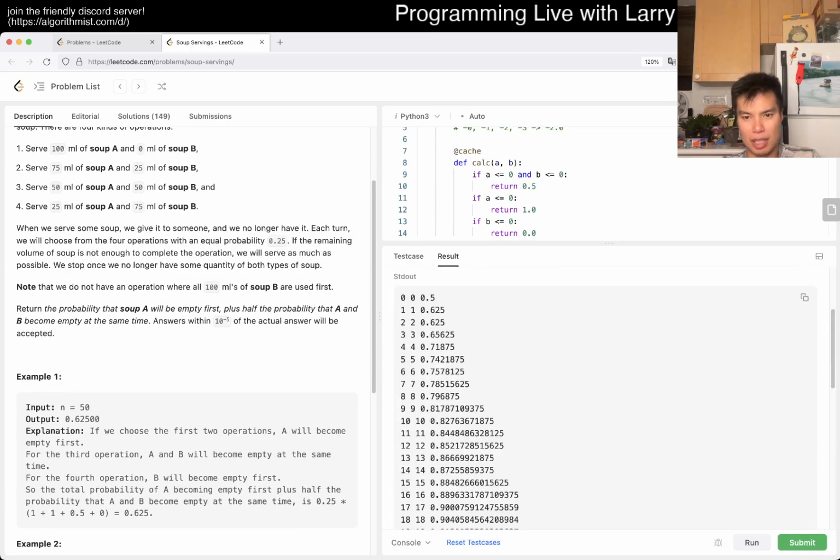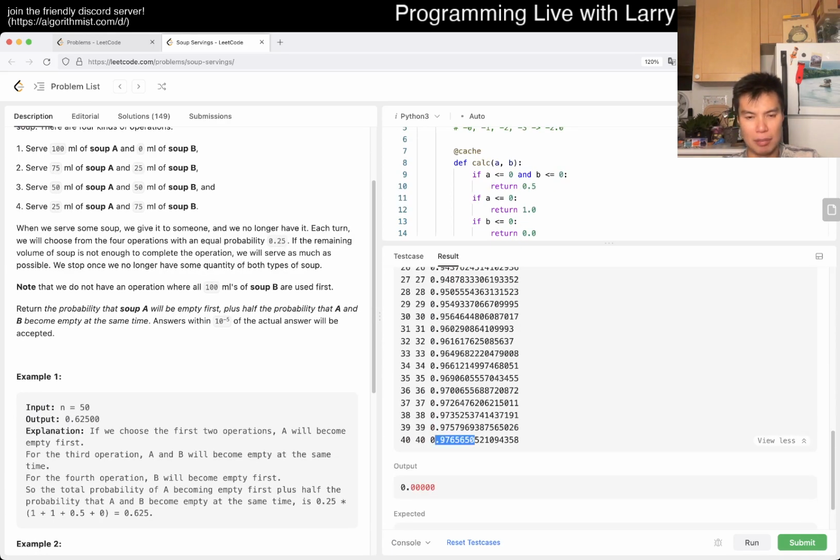Well, actually, maybe I lie. Maybe we can simulate to see where it goes. I'm used to the fact that 10 to the negative 5 is usually a relative error, but this is an actual error, right?